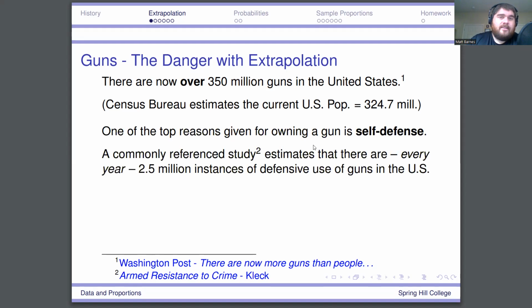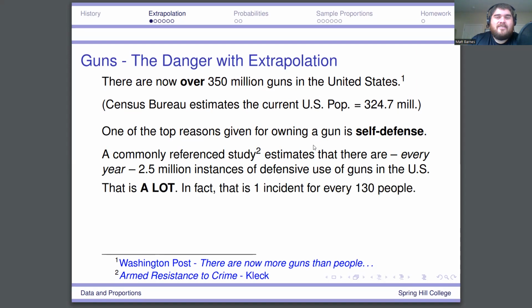A study that really tends to highlight this, and one that's referenced quite a bit, is called the CLEC study. You can see it down there at the bottom. Every year, there are 2.5 million instances of defensive gun use in the US. So that is a ton of these things.